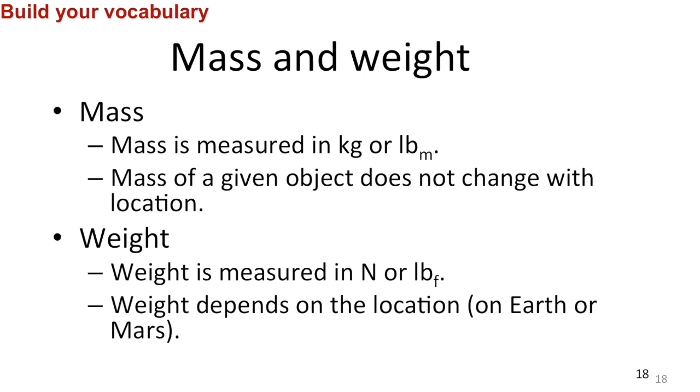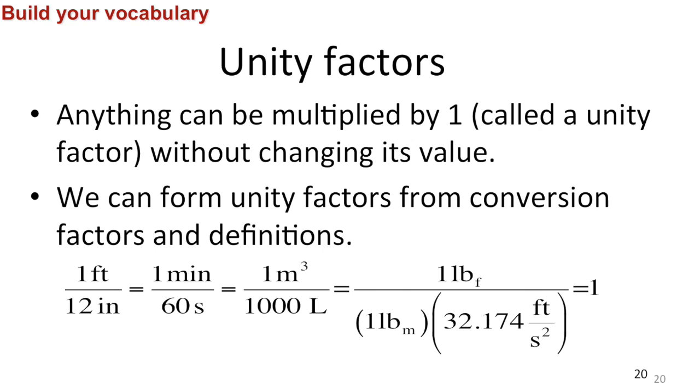If you're talking about the force, you use pound force, which has an f in the subscript. It's very clear in the SI system: you use the Newton symbol, capital N, to represent the force in the SI system.